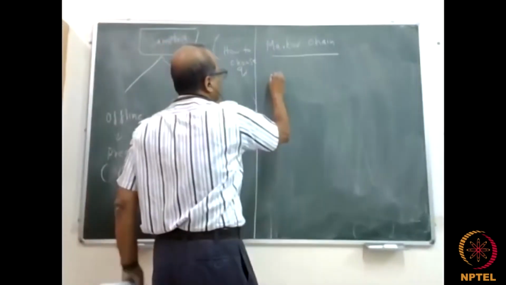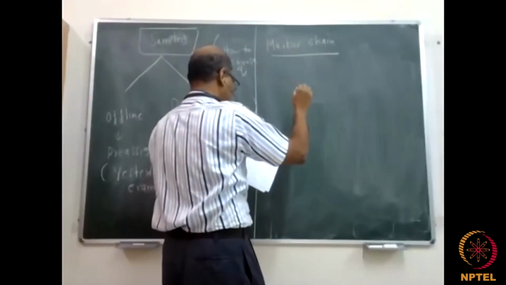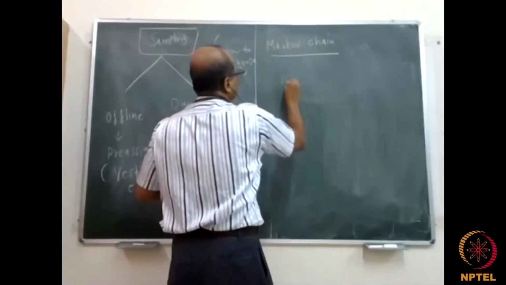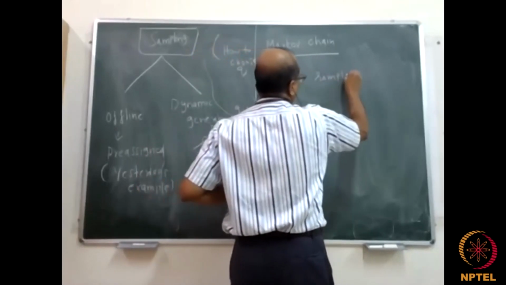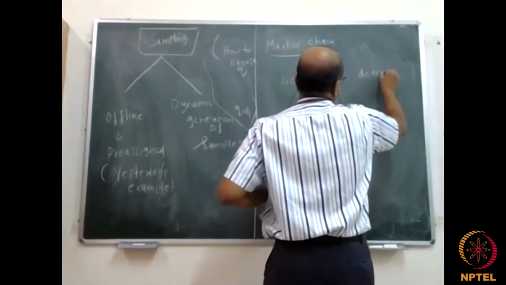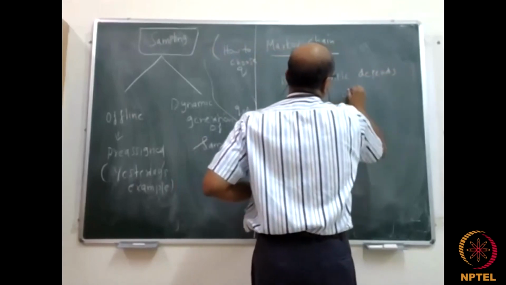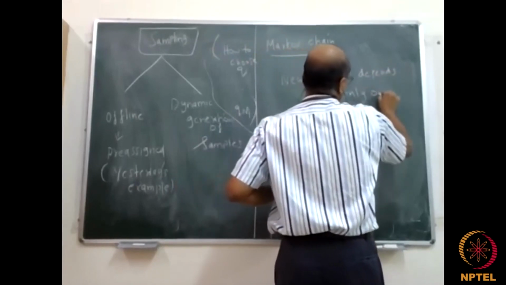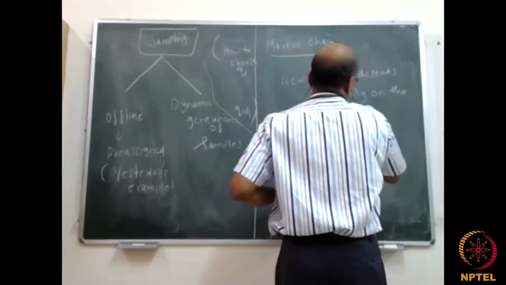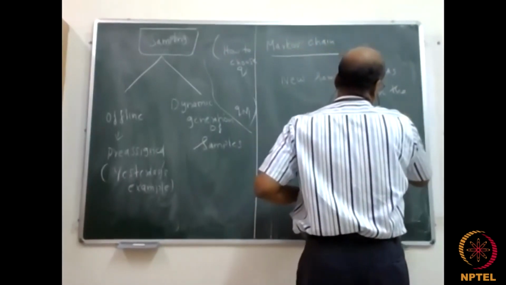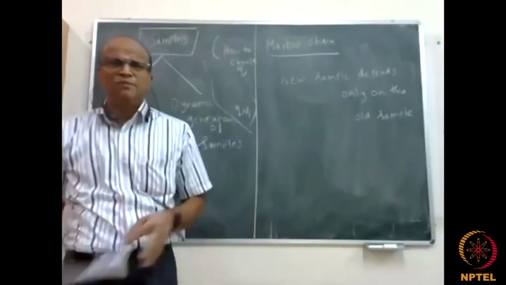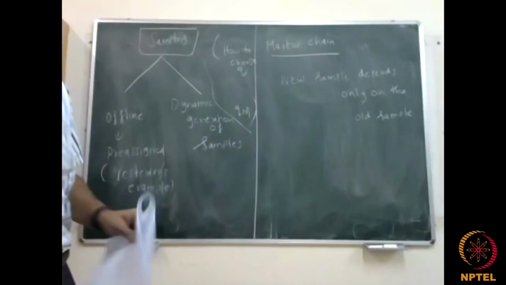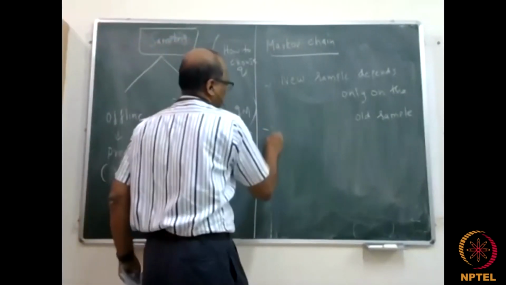In a Markov chain, the new sample depends only on the old sample. So it is a memory-less process.